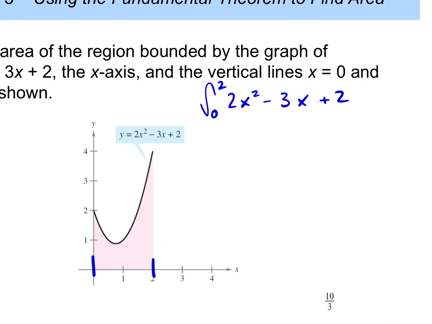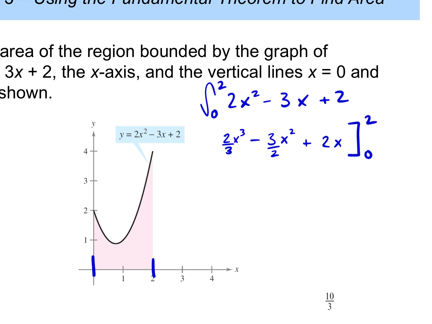So 2x squared would be 2x cubed over 3, minus 3x would be 3x squared over 2, and then plus 2x. We're finding our integral from 0 to 2. What would I have to plug in first here?